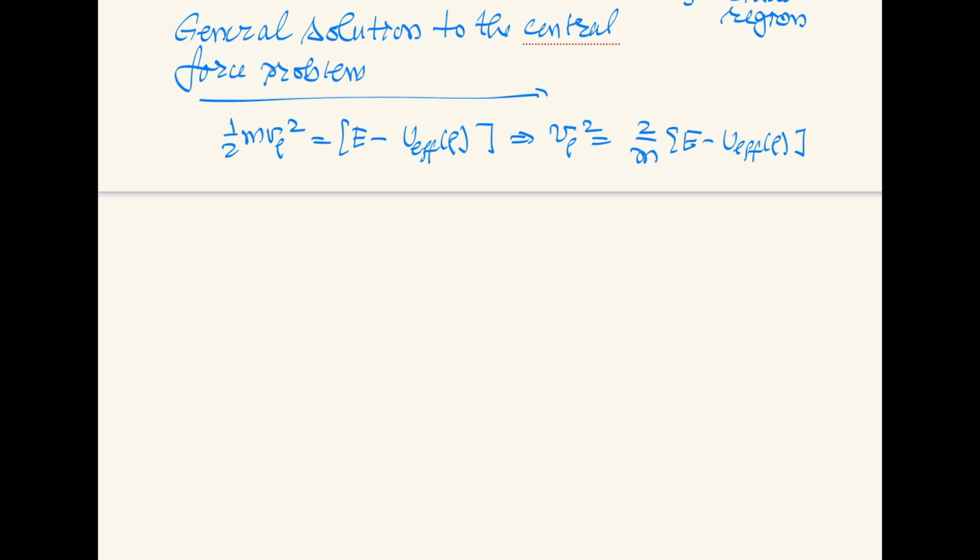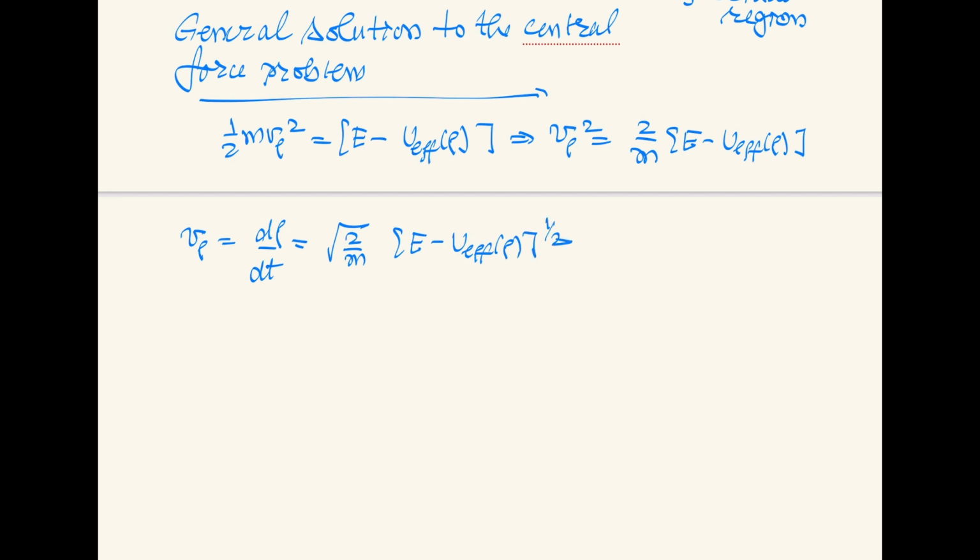Okay, and therefore v rho, which is d rho by dt, can be written as, I have to take the square root, so there is a 2 by m square root times E minus U effective of rho raised to the power half.